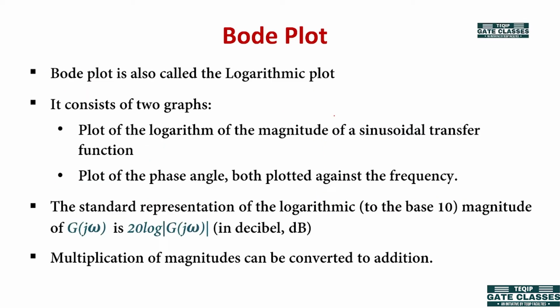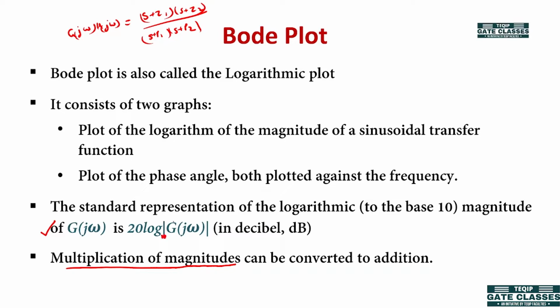The advantage of Bode plot is that the multiplication of magnitude can be converted to addition. So if we have an open loop transfer function G(j omega) H(j omega) of the form (S plus Z1)(S plus Z2) upon (S plus P1)(S plus P2), as we are taking the magnitude in decibel, this log means log base 10.